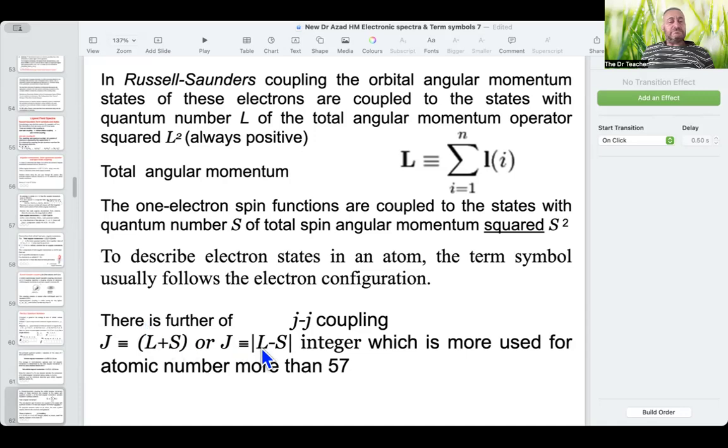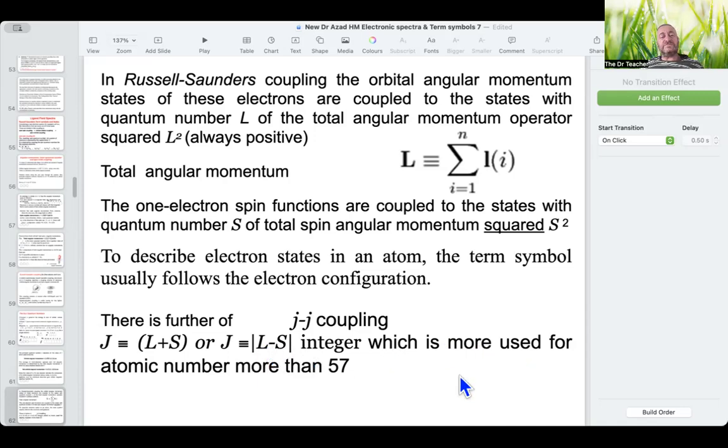So there is jj coupling as well. J is what? Capital J is L plus S, or L minus S, but it always comes out positive, so it should be an integer. When you put L plus S it comes out positive; whatever value you get should be changed to positive.